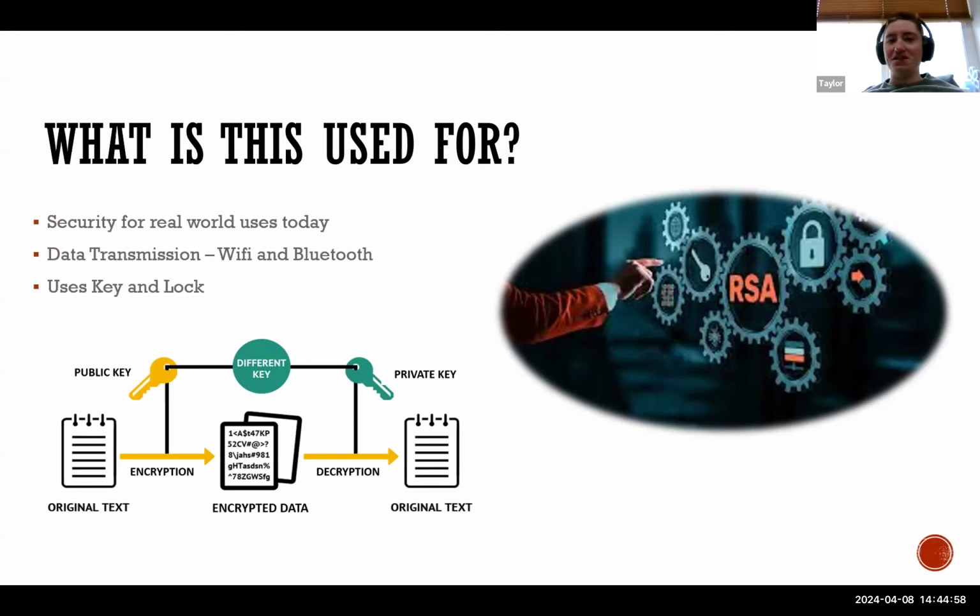Otherwise, you'd have messages floating around in something called clear text, where a hacker would just be able to take the message and read exactly what it says, exposing private info. So the public and the private key are what encrypts it and decrypts it.